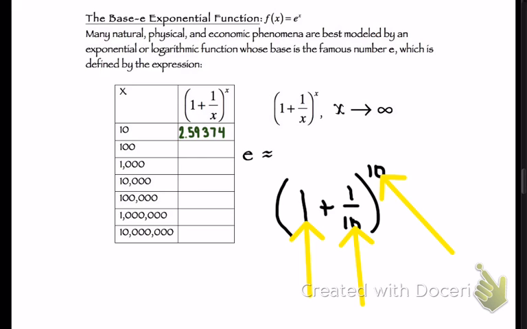Notice that I did 5 numbers after the decimal point. I want you to do 5 numbers so you can see as x approaches infinity, as x is getting a lot larger, these y values are going to start to approach a certain number, and voila, that number is going to be e.